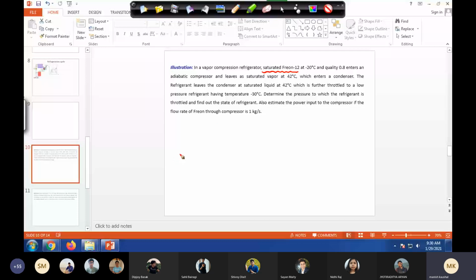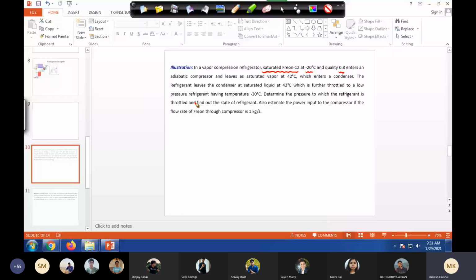Today there are many complex chemical species used, and there is a lot of clearance you have to take. So you can check what refrigerant is being used. Saturated Freon as a refrigerant at minus 20 degrees Celsius, quality 0.8, enters an adiabatic compressor.